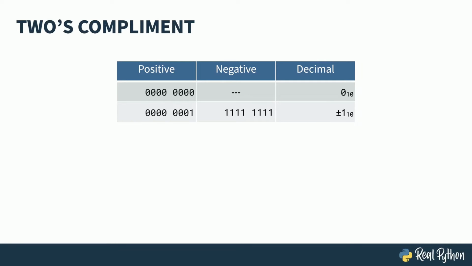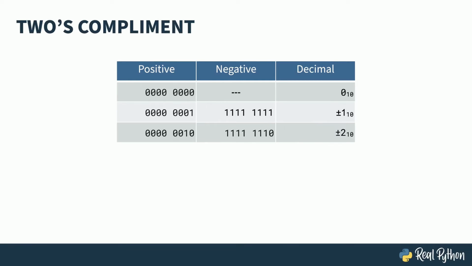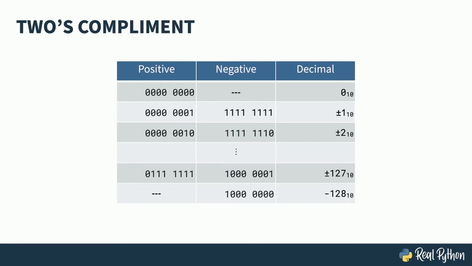That gives you the all ones to represent the negative equivalent. Positive 2, complement it and add 1, and that's plus or minus 2. At the upper end, the biggest positive number is 127, which, when you look at the complement, shows you've still got one more bit that you can turn off. So minus 128 is 1 and all zeros.